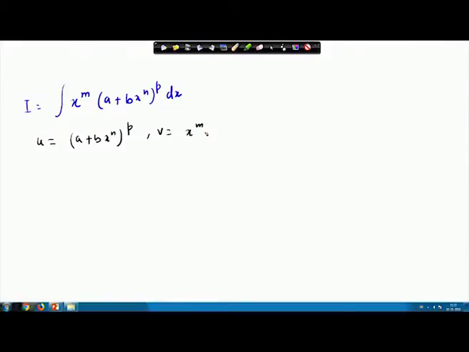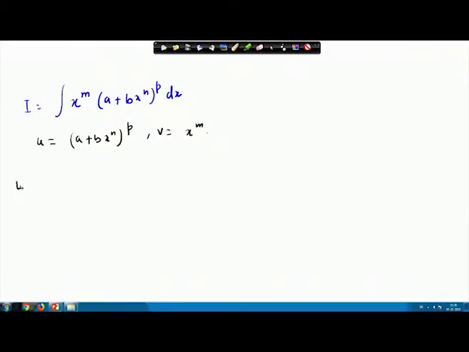So our required reduction formula can be obtained by doing the integration by parts on u and v, and basically you need to find some kind of iterative reduction formula to calculate any problem of this type.